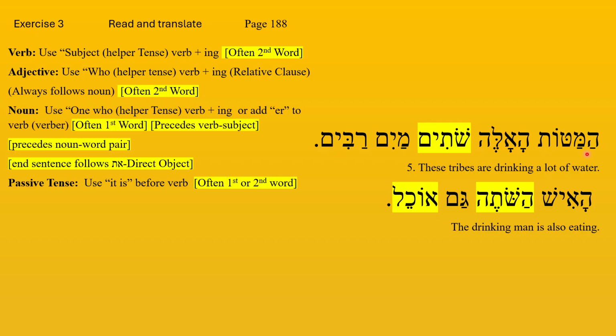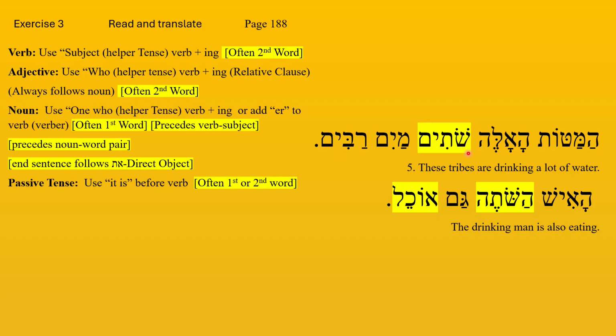So let's begin translating. So we have ha'ele, these, and we know this goes with this because you've got the ha in front of it, two nouns together. So these tribes are drinking. And yep, that works. So it must be the verb of the sentence.